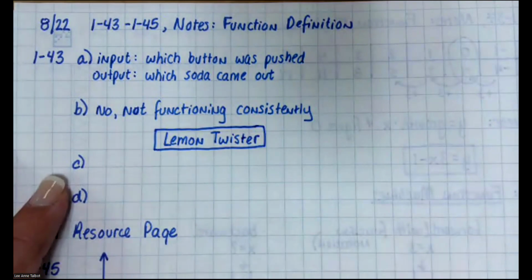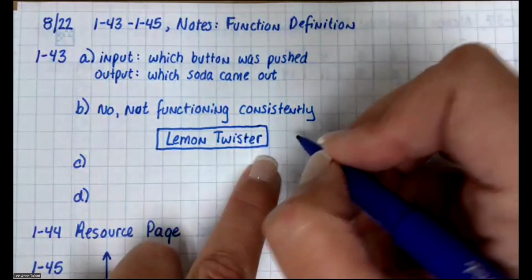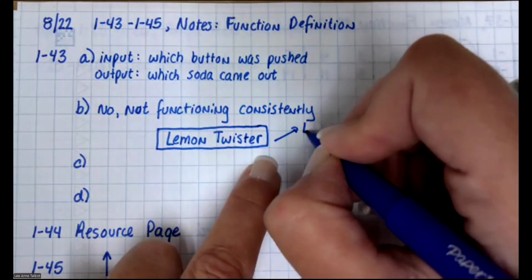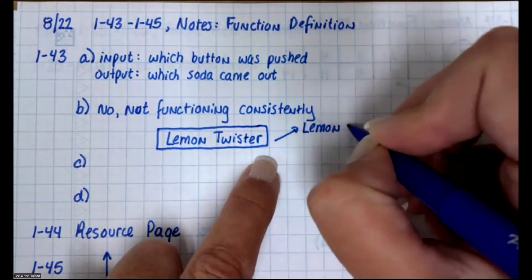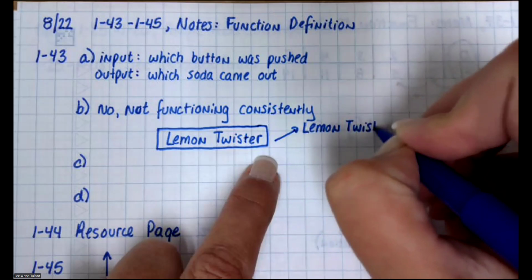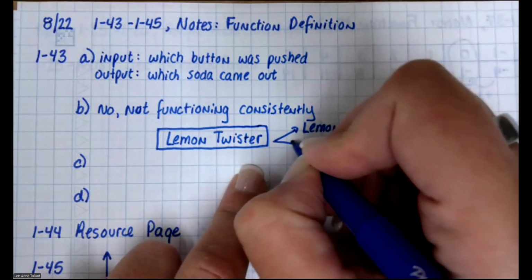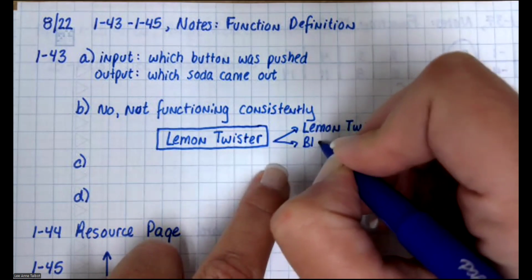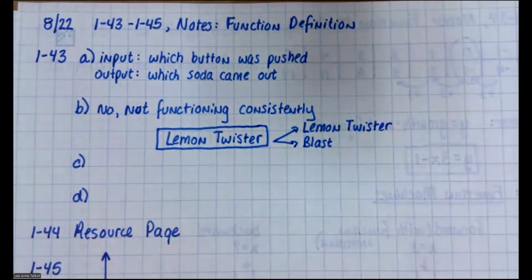So pretend that's the button on the machine. And the first time she pressed it, she got a lemon twister. And the second time she pressed it, she got a Blast.